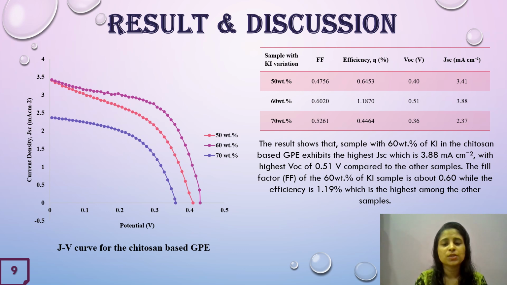The interaction between ions can lead to the formation of ion pairs or ion clusters, which are less mobile than individual ions and can decrease the overall ionic conductivity and the efficiency of DSSC. Additionally, high salt concentrations can also lead to the formation of a second phase like a precipitate, which can act as barriers to ion transport.